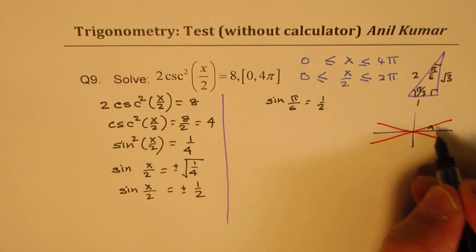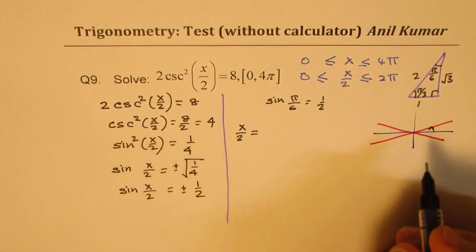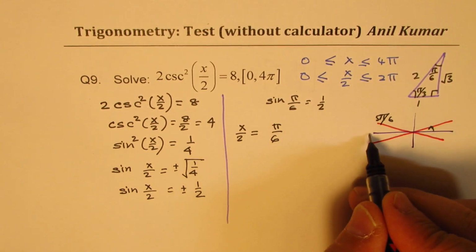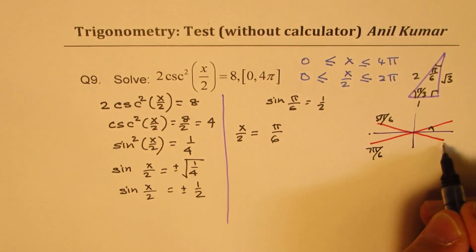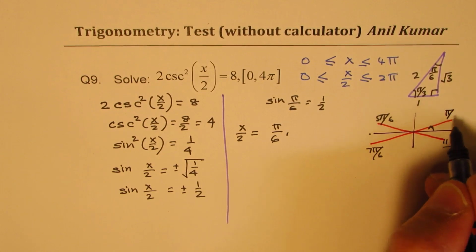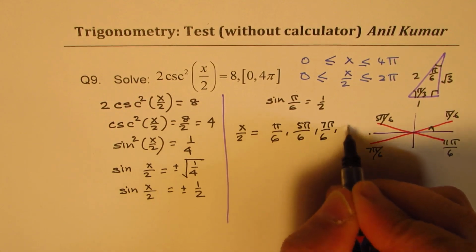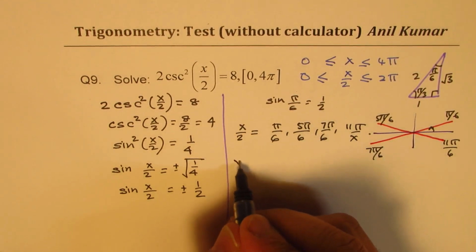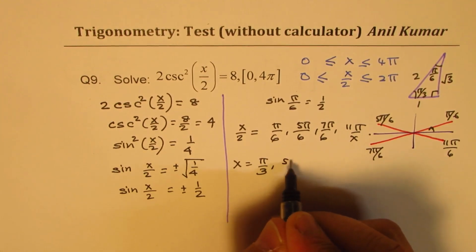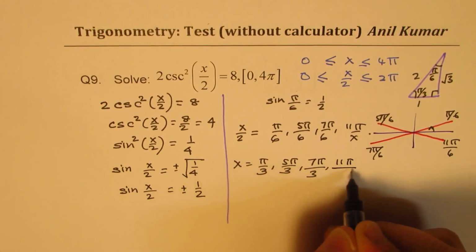So as you can see here, we have x by 2 equal to pi by 6, 5 pi by 6, 7 pi by 6, and 11 pi by 6. So x is equal to, multiply them by 2, so we get pi by 3, 5 pi by 3, 7 pi by 3, and 11 pi by 3.